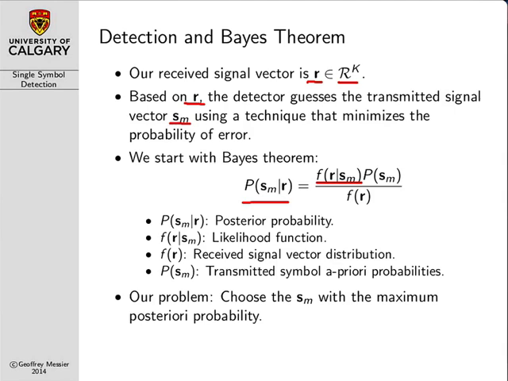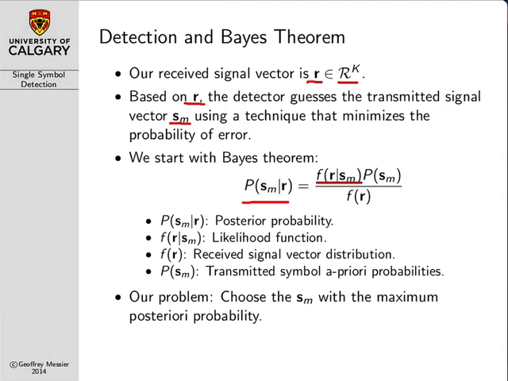And it's the probability density function of the received signal vector R, given that we assume that a certain signal vector Sm was transmitted. And this likelihood function can be determined ahead of time based on knowledge of the behavior of our system and the noise in our system.